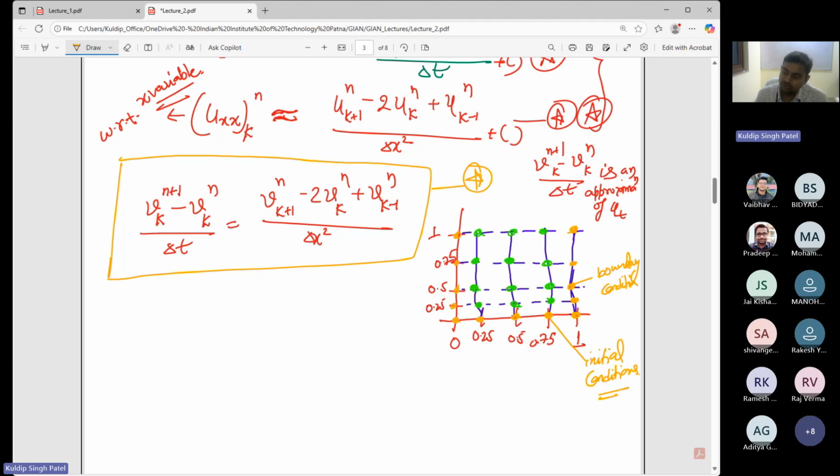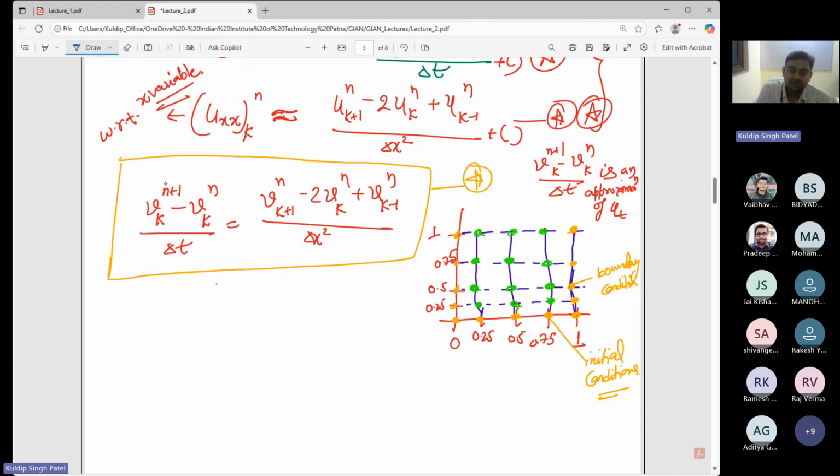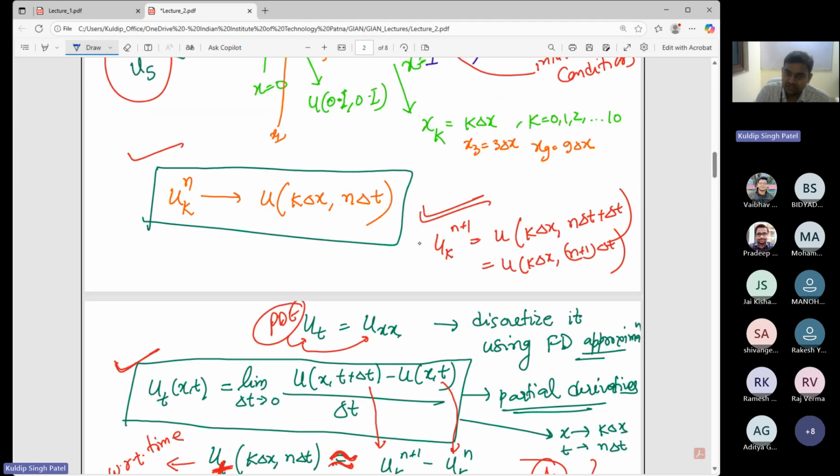Please note one point. If you notice carefully, in the time derivative you see n plus 1 and n, and in the space derivative you see k plus 1, k and k minus 1. Here n is fixed, and there k is fixed. n is representing time, and k is representing x.